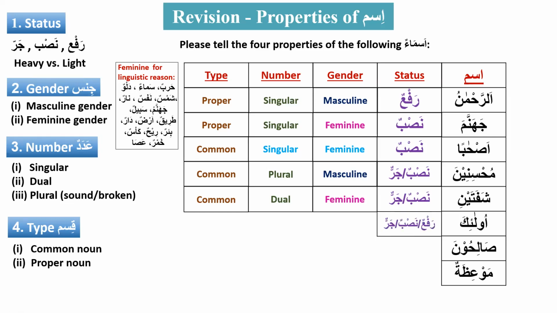Gender: it is masculine and feminine, both. Number: plural. Type: proper, because this is ismul ishara. The pointing nouns are always proper. Good job, Muhammad.